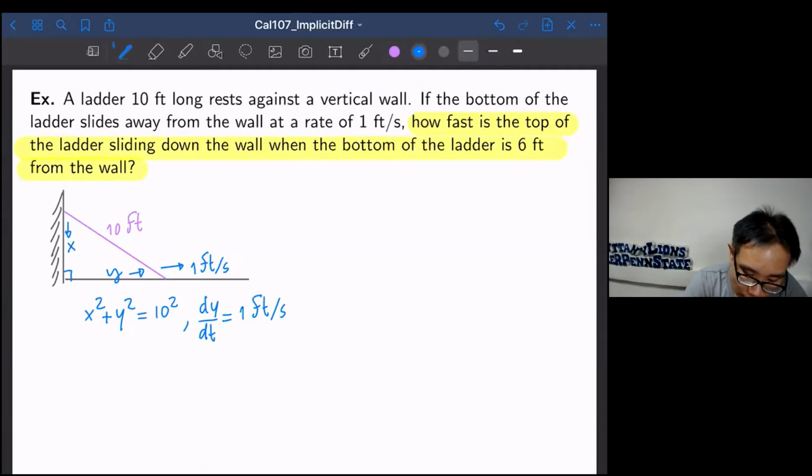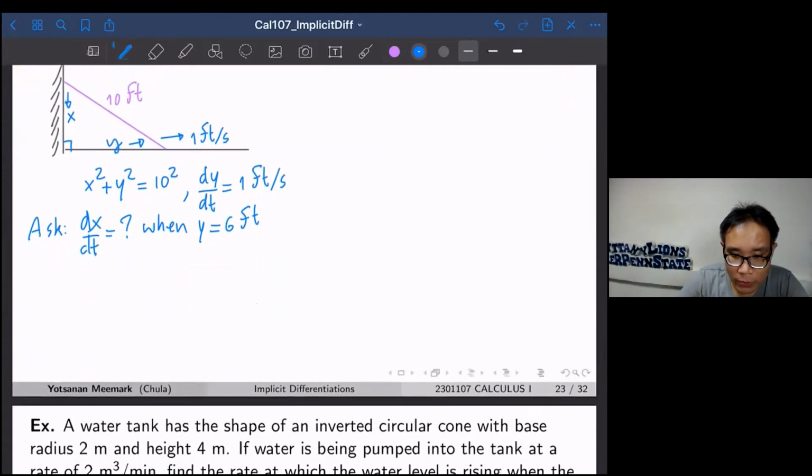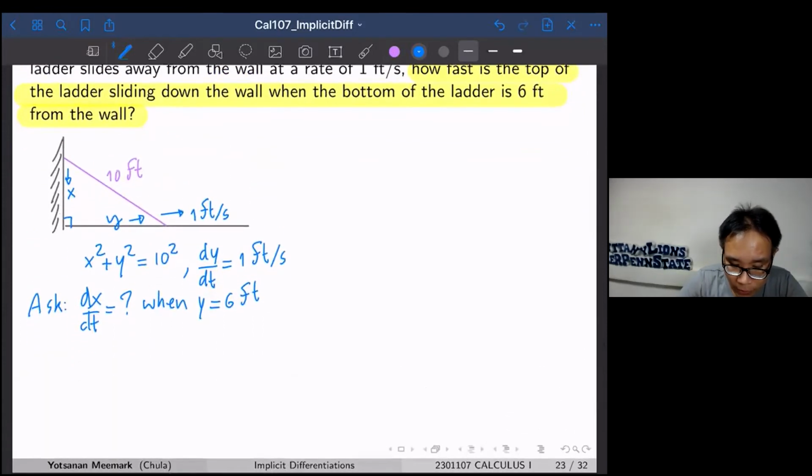So the question asks, okay, so we have to find dx/dt equal to what when the bottom of the ladder is 6 feet from the wall. So you would like to know dx/dt when y equals 6. Okay, so we're going to have y equal to 6.